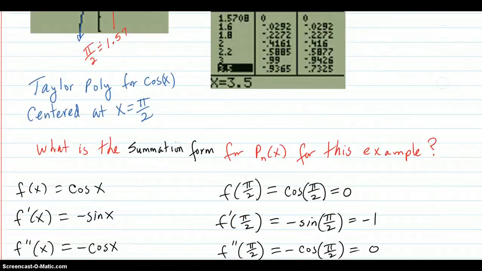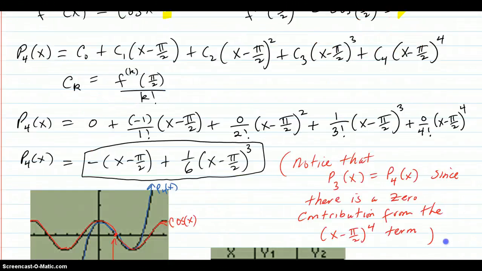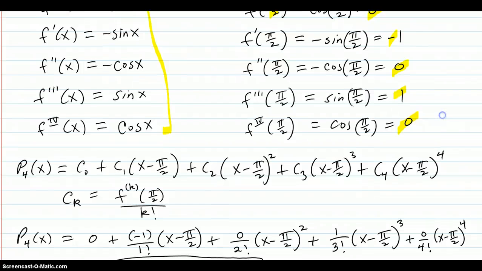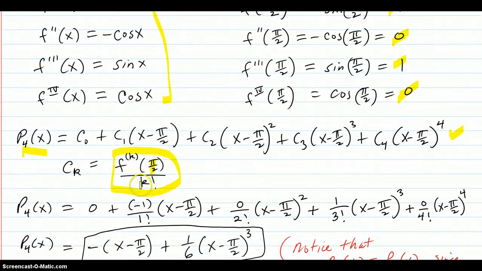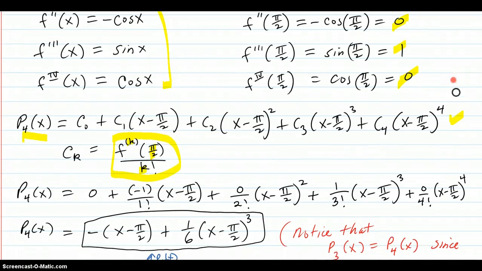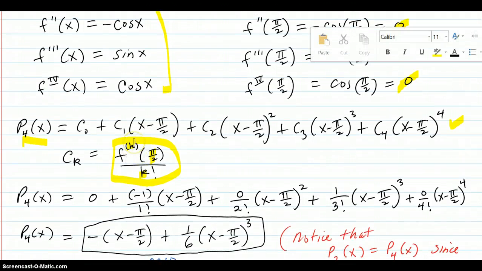So then we write out our P4, that's just the form that we have, and the coefficients are given by this, the derivative evaluated at the point a divided by the factorial matching up with the derivative.